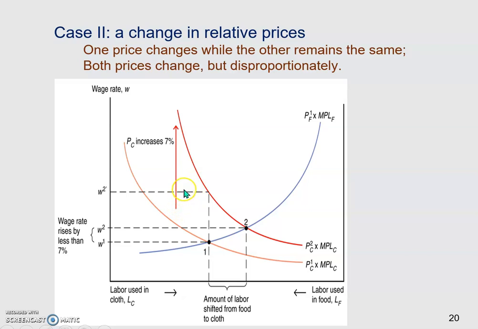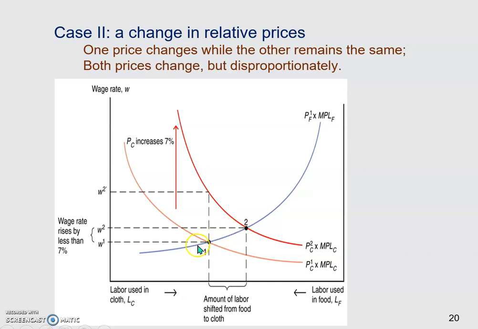And the way it can produce more is they offer a higher wage, higher than what the food sector offers, so they can attract some amount of labor from the food sector. Once the cloth sector gets more labor, it will be able to produce more. That's why we see on the graph that the wage rate would be higher.